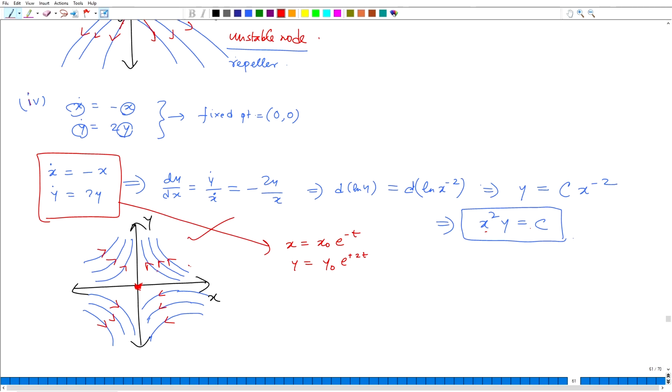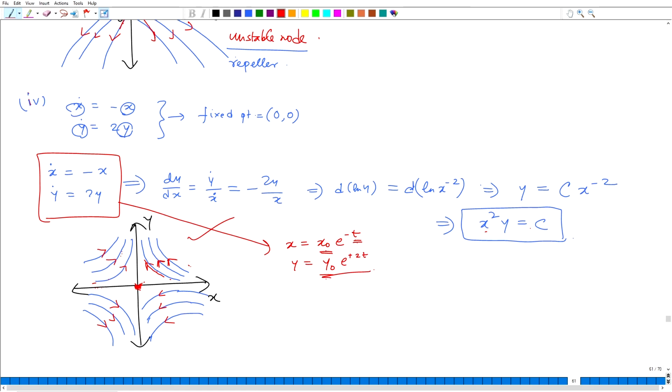So, the first point is that in the first quadrant, when both x and y are positive, with increase of time, x is decreasing and y is increasing, and that can only be taken care of if we choose this thing. In the second quadrant, x is negative and y is positive, that means x 0 is negative and y 0 is positive.